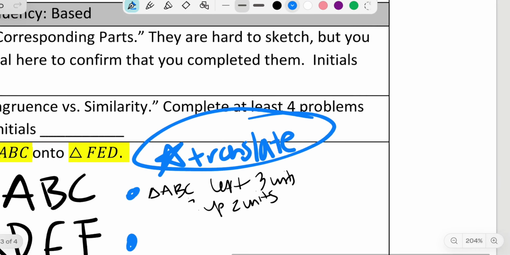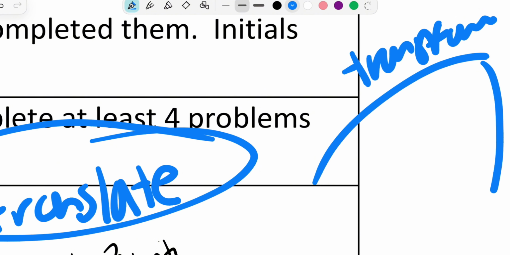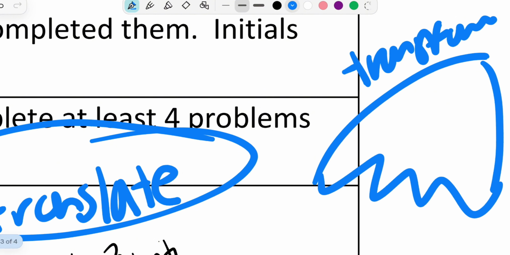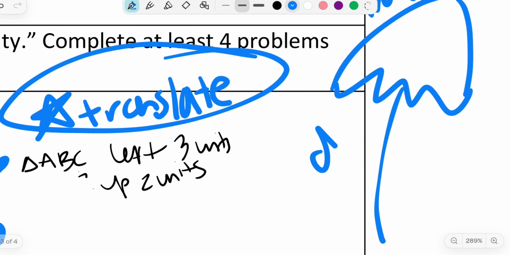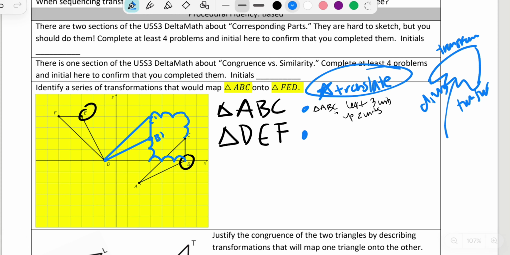Transformations is the umbrella term, and everything fits inside it. So it's a translation of triangle ABC, left 3 units and up 2 units.